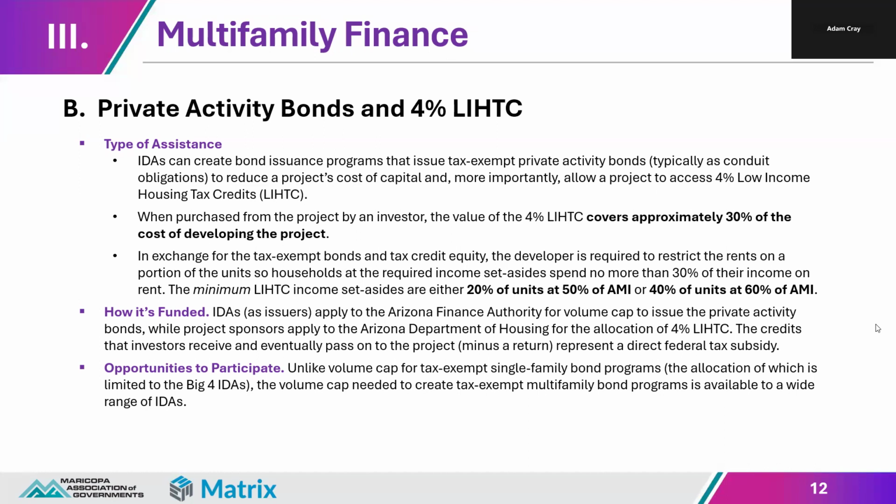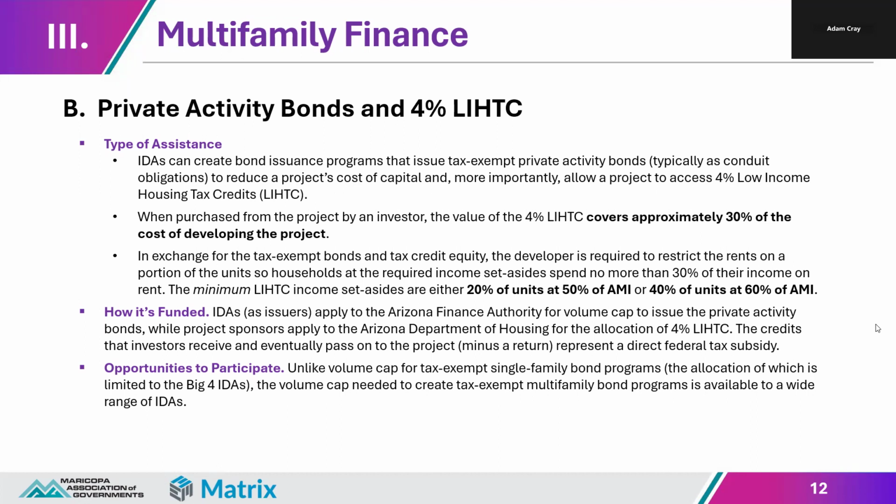So how are these funded? As I mentioned, IDAs are able to issue these bonds. It's not just the big four, as with single family programs. IDAs across the state are able to issue by applying to the Arizona Finance Authority for volume cap to issue the bonds, and having the sponsors apply to the Department of Housing for an allocation of 4% credits.